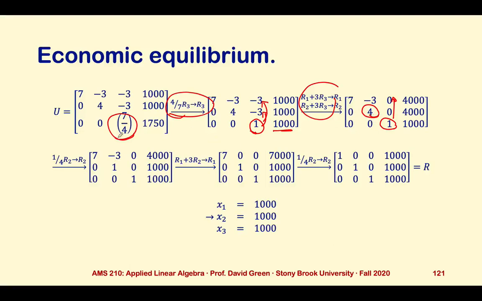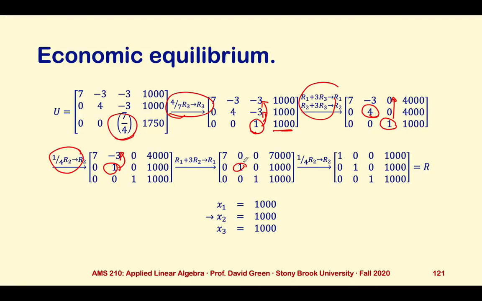We have a 4, so we want to divide that row through by 4. This gives us 0, 1, 0, 1,000. Then use this pivot of 1 to eliminate upwards. Again, we need to add 3 times the second row. Negative 3 plus 3 is 0. 4,000 plus 3,000 is 7,000.